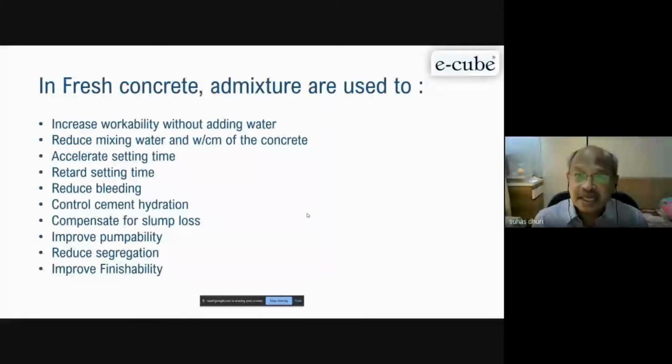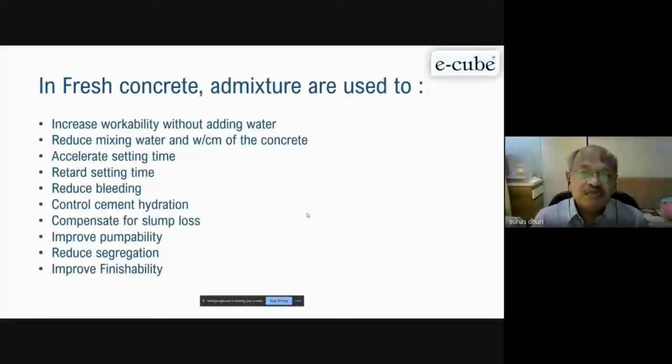So retarding setting time is very, very useful in today's construction practice. Why is it useful? Because most of the concrete we buy from ready-mix concrete plants is located at some location, and travels maybe 15-20 kilometers. Distance is not the issue. Due to the traffic, they may take 1 hour, sometimes 3 hours or 4 hours, within Mumbai also.